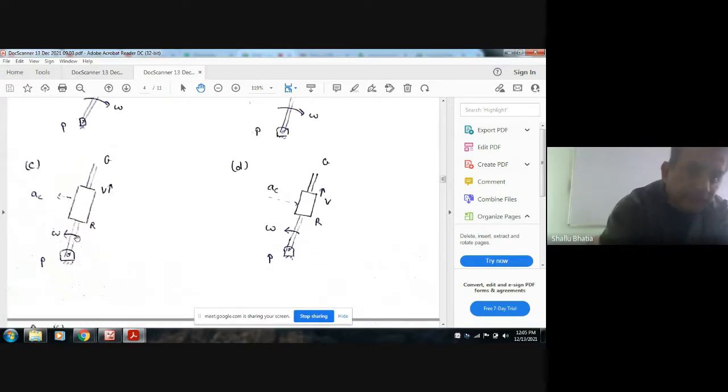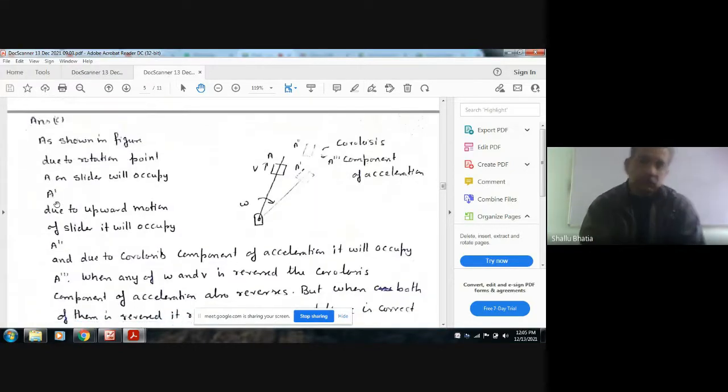Here the direction of the link PQ is anti-clockwise, and the direction of the slider is clockwise. So one of the directions is changing, so the direction of the Coriolis component will also change. So the answer is C.